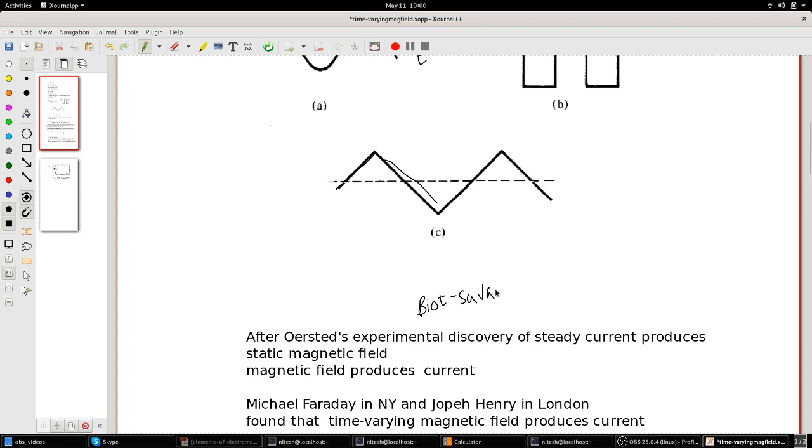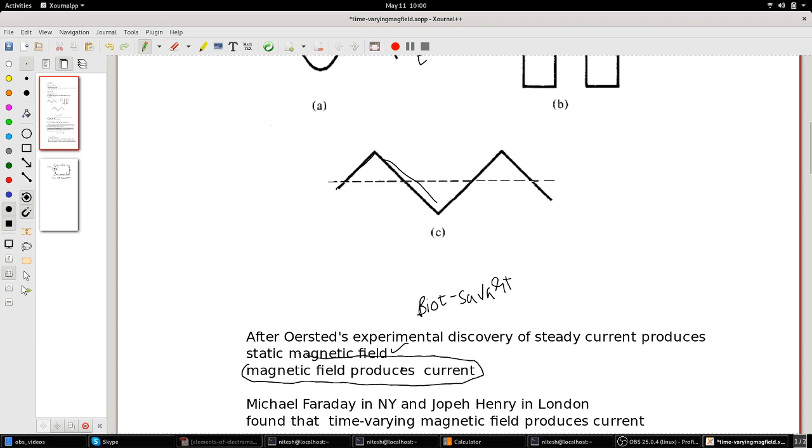So Biot-Savart or Ampere's law said that when the charges move at a steady rate, then it generates a static magnetic field, and that was proved.